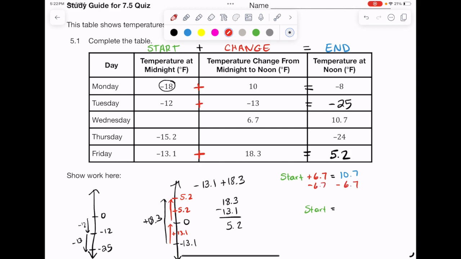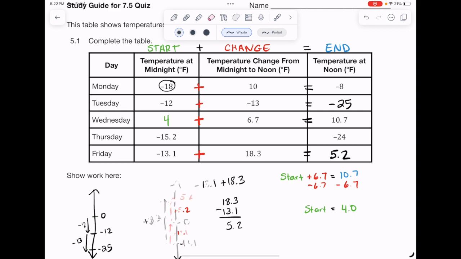That's going to be 4.0 or 4 degrees Fahrenheit. We can check this: 4 plus 6.7 equals 10.7. So that's that way of doing it.